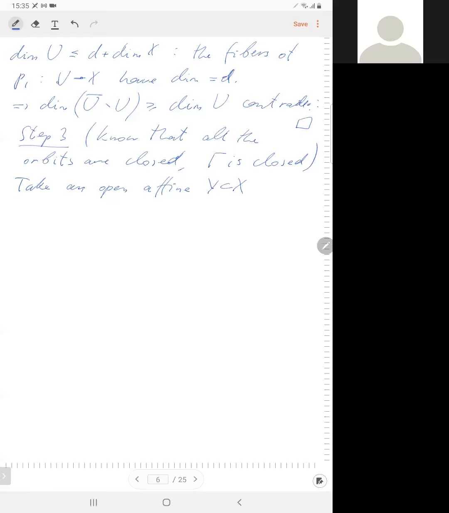Okay. So we take not G invariant open affine subvariety Y, and I is the ideal of the closed intersection gamma with the square of Y. Okay, so it's an ideal in the ring of functions.